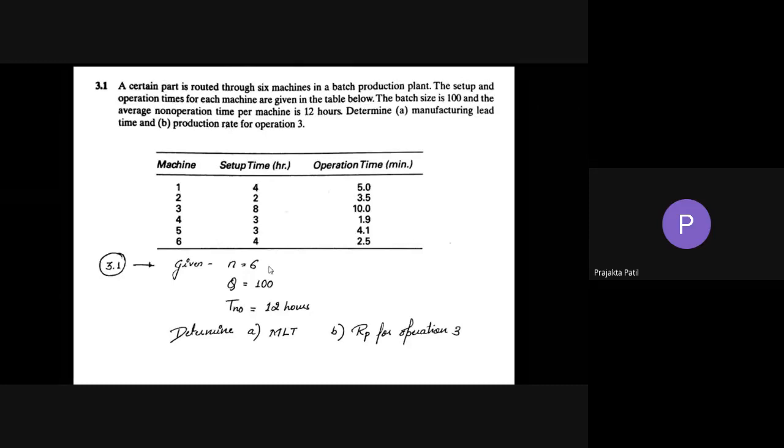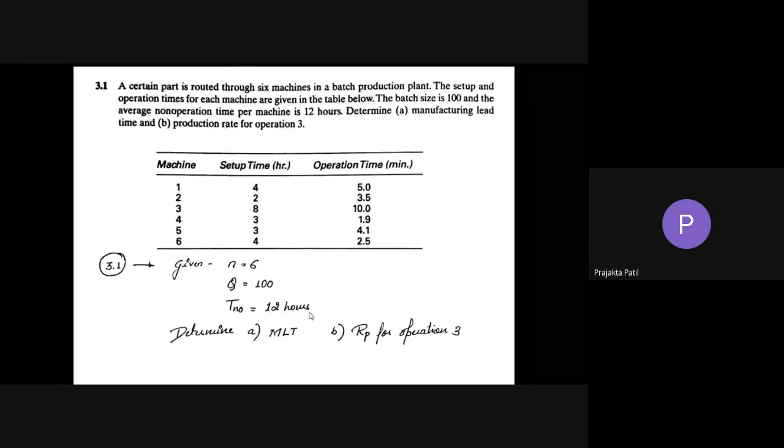That is, you have 6 machines, so N naught is going to be 6. What is the batch size? Q, it is 100 parts. Here it is specified in the problem statement. Batch size is 100. Average non-operation time is given, that is TNO, that is 12 hours.